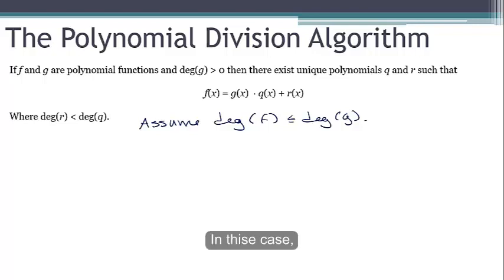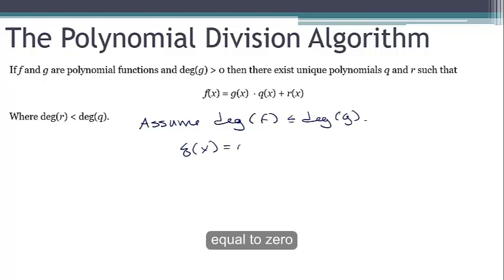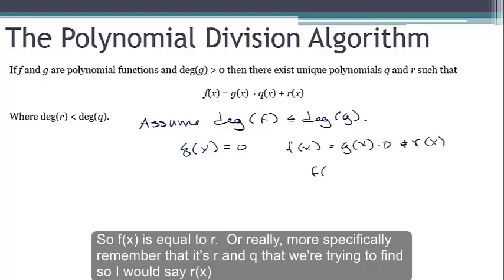In this case, the existence of q and r is really trivial. I'm going to take q of x equal to 0. Then that means f of x equals g of x times 0 plus r of x. So f of x is equal to r.